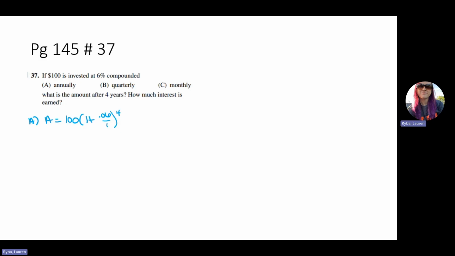And then all you need to do is open any scientific calculator, be it your TI, if you have it on your phone, if you want to use Desmos. You're going to type this in exactly as you see it, parentheses included. Make sure you have the exponent in the right spot, that is an exponent, not that you're multiplying. You should end up with $126.25.